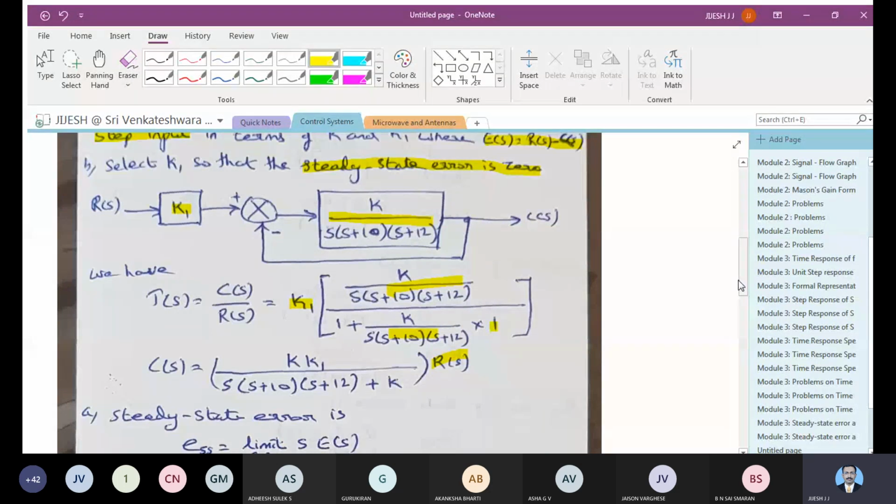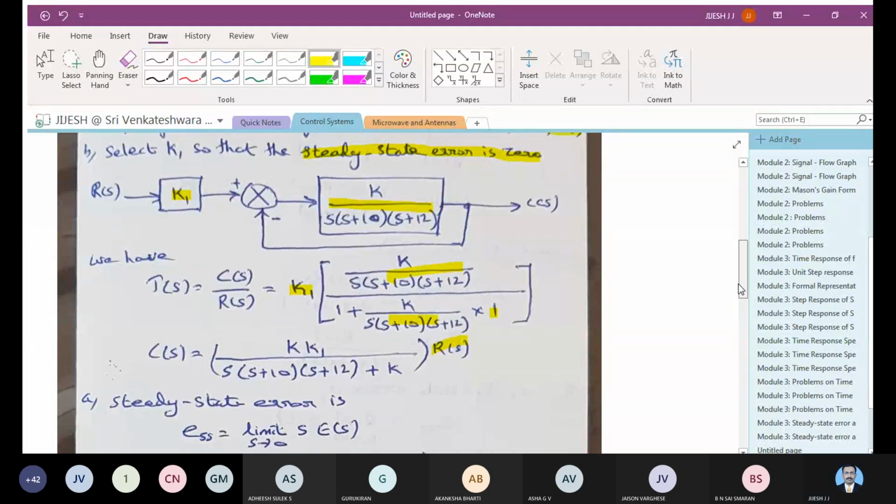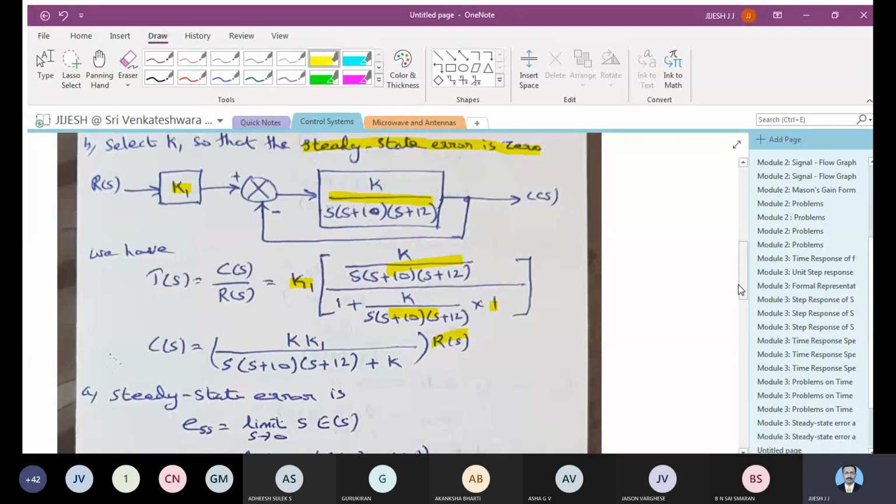The first thing is that we have to write the equation for steady state error. Steady state error is given as ESS is equal to limit of S tends to 0 of S into E of S. So what is E of S here?